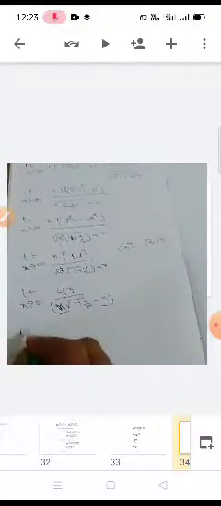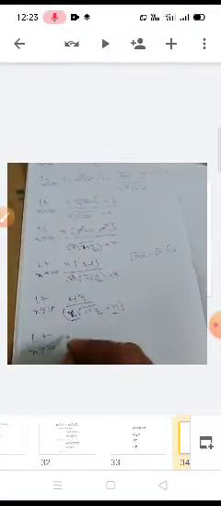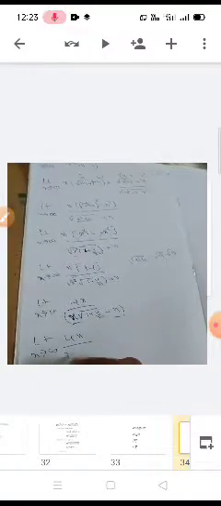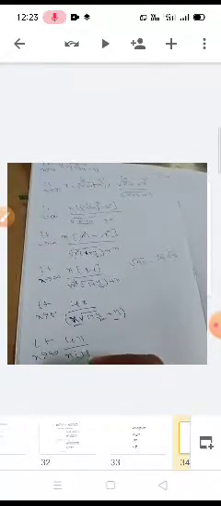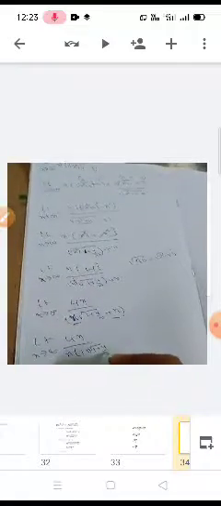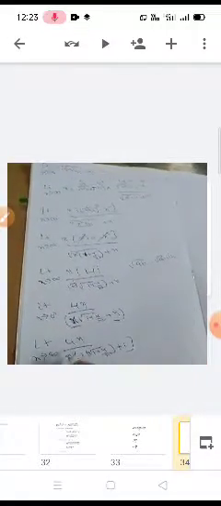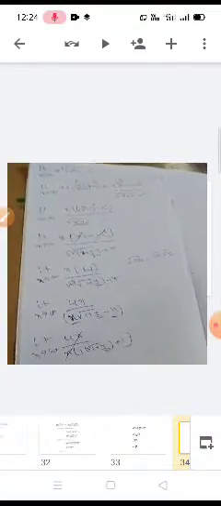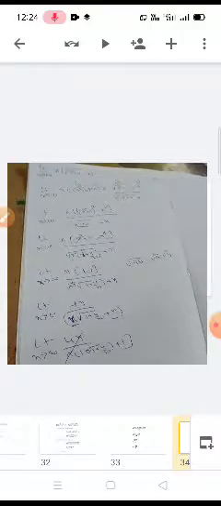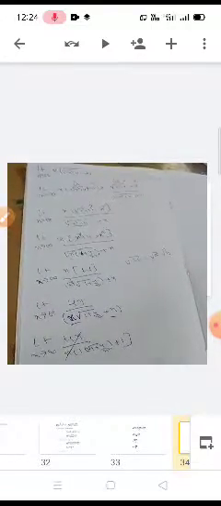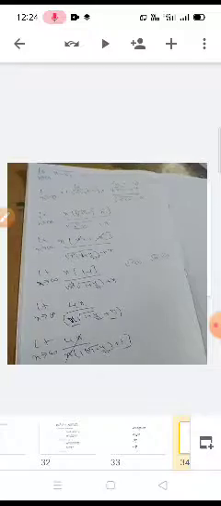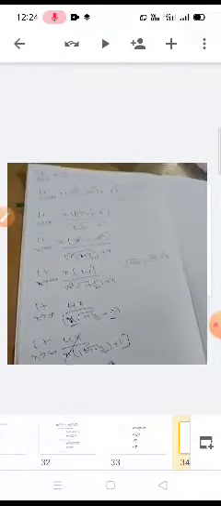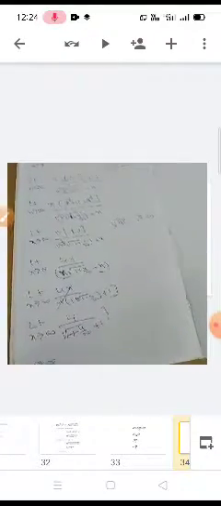In the two terms of the denominator we have to take x common. That is limit x tends to infinity, 4x by x common (under root 1 plus 4 by x square, plus 1). The x gets cancelled, limit x tends to infinity, 4 by (root 1 plus 4 by x square plus 1). If x tends to infinity, 1 by x tends to 0.